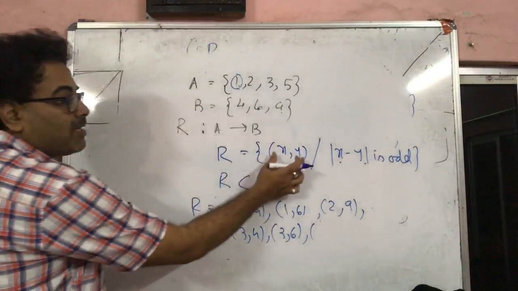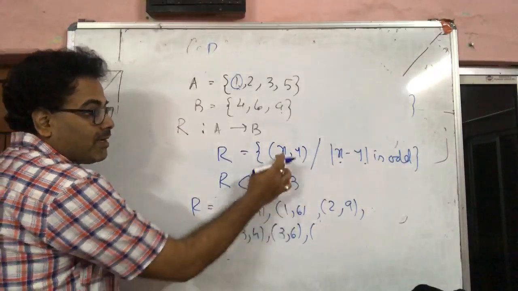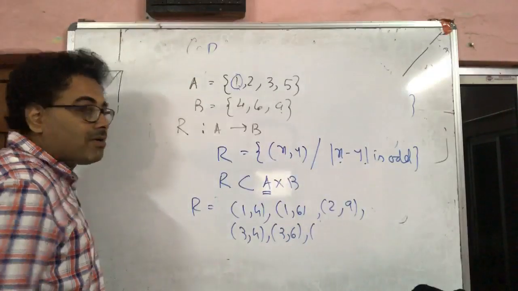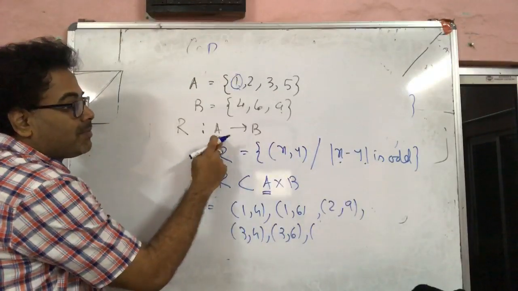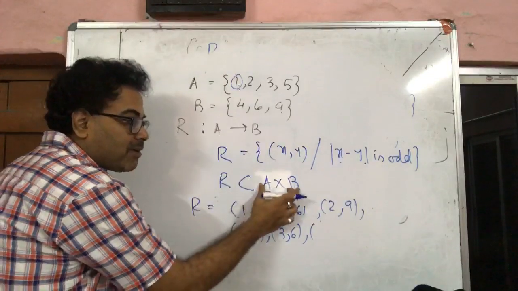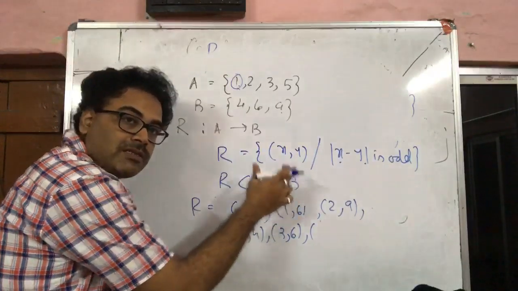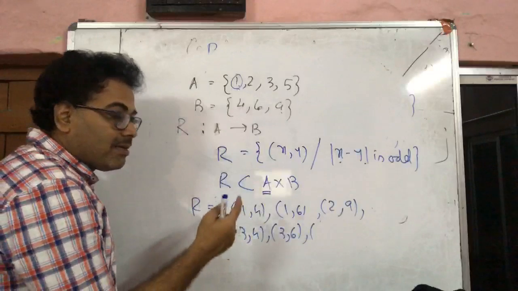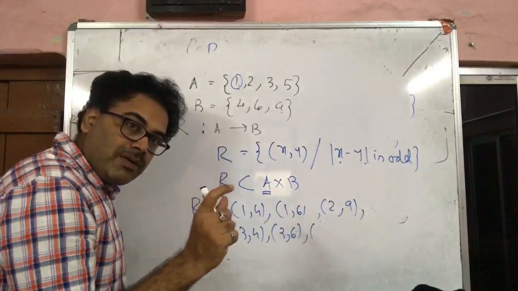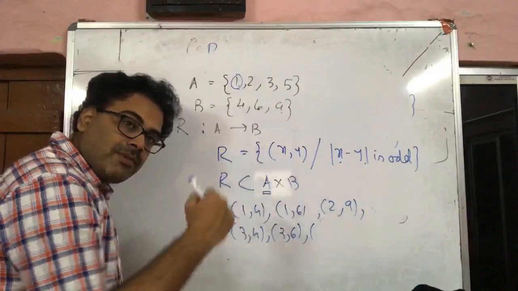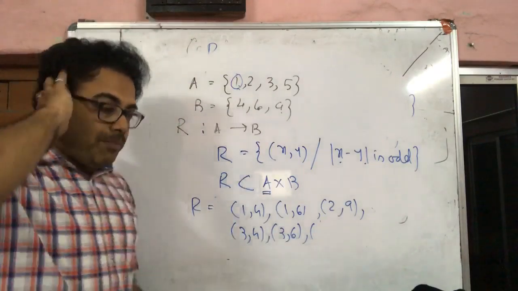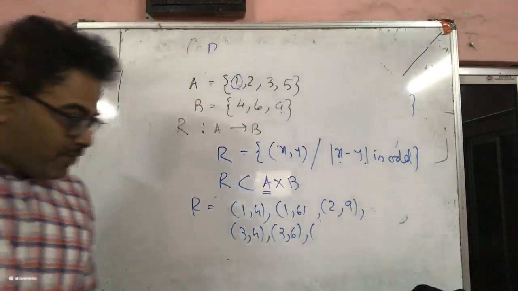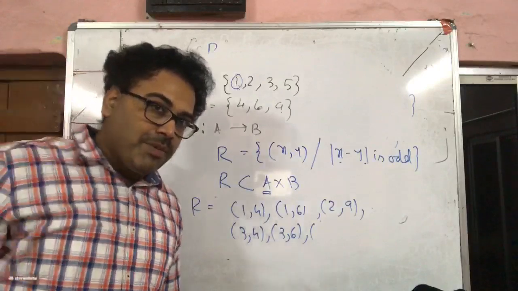So I am writing all x y where the difference of x and y is odd. X is taken from A because R is a subset of A cross B. A cross B contains all pairs x, y where x is taken from A and y is taken from B.